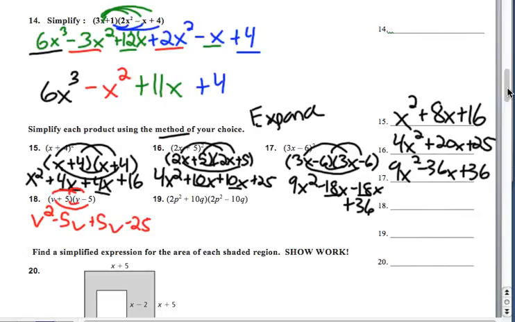Negative 5V plus 5V. The cool thing is with those opposite signs, those insides cancel out completely and just leave you with V squared minus 25. That's a really cool thing that happens when they're the same, but only differ by that sign. The insides cancel. Let me show you the same thing happens with this next one.